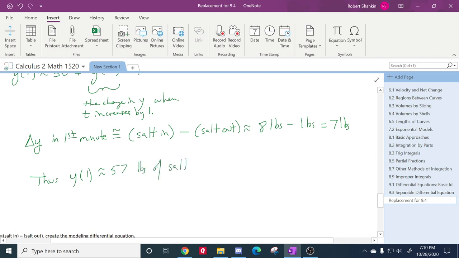of salt. After 1 minute, you're going to have about 57. Because you had, in that first minute, 8 pounds of salt entering in those 4 gallons of brine, and 1 pound of salt exiting in those 4 gallons that came out at the bottom, and you had a net gain of 7.